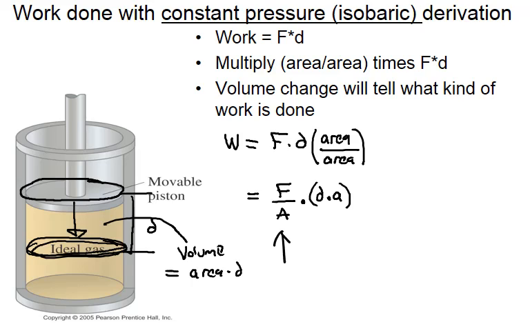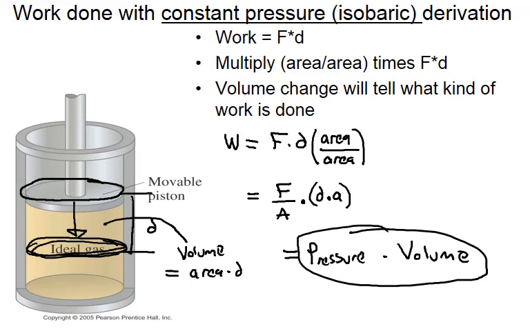So however much force over that area is going to be a certain amount of pressure. And then D times A, the area times the distance here, we actually get the volume.